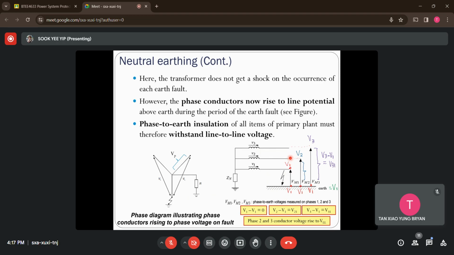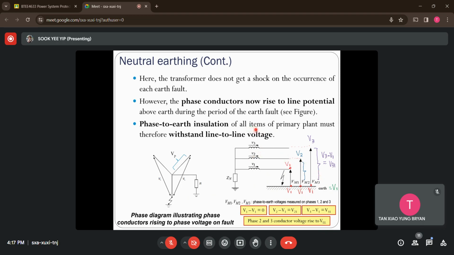So you can see the phase voltage has risen to line voltage, which is V21. The same applies to the third phase here. If you measure the phase voltage now, seeing as the ground is carrying V1, the voltage difference will be V31. This is actually the line-to-line voltage. Because of this, the healthy phase voltage becomes much higher.